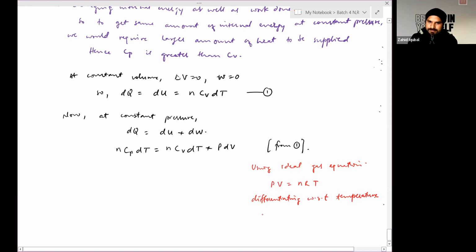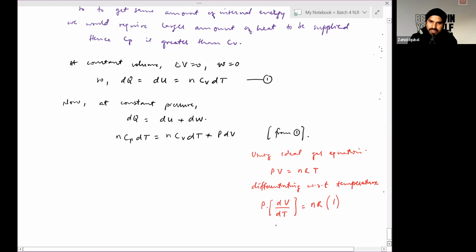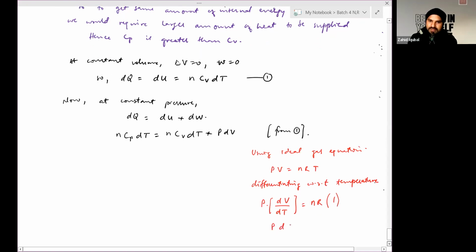P is constant, keep it outside. Volume, on differentiating with respect to temperature, will be dV over dT equals nR, R being constant, and differentiation of temperature will be just 1. So from this part, P dV equals nR times dT.